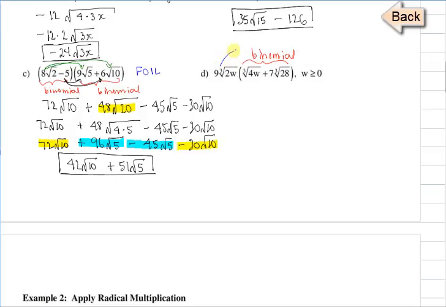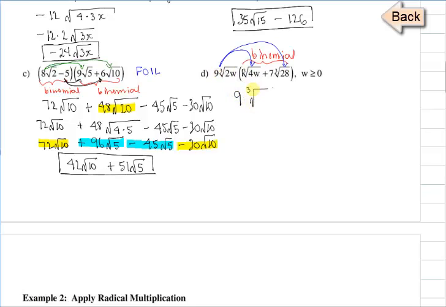We're going to multiply the 9 cube root of 2w times the cube root of 4w, and then 9 cube root of 2w times 7 cube root of 28. There is a coefficient in front of the cube root of 4w. It is a 1, so we start by going 9 times 1 is 9.